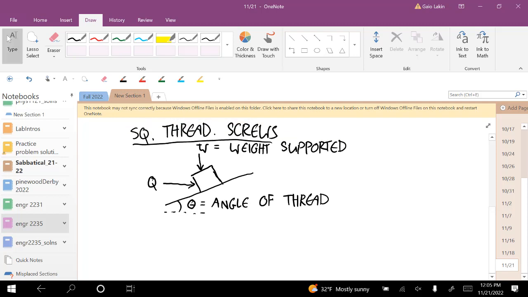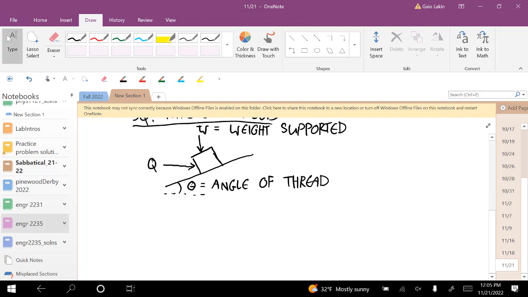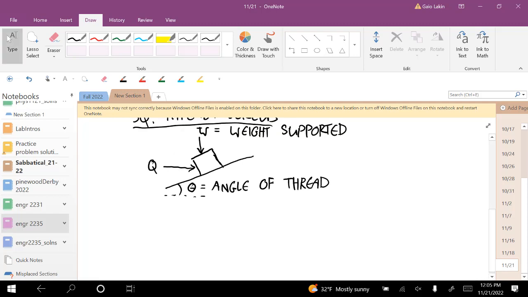But we still have to relate the angle of the thread and that force Q to something that's meaningful to the problem. So first we want to replace this theta with parameters that describe the screw.